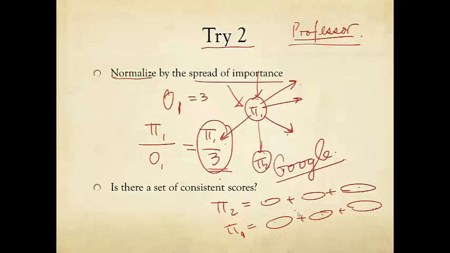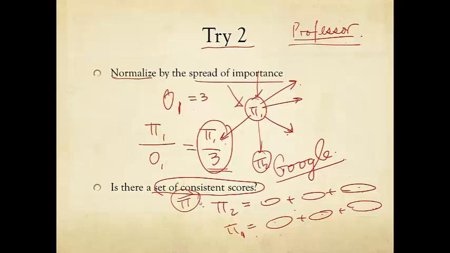Can they actually make sense collectively? Is there a set of consistent scores pi? Is there a vector pi that can satisfy all these linear equations simultaneously? If so, then we have found a particular meaningful and self-consistent way to assign importance scores.